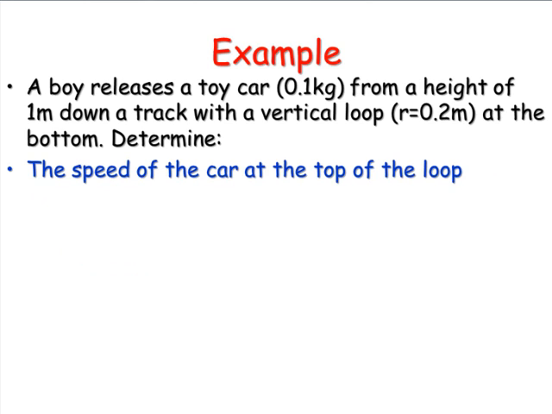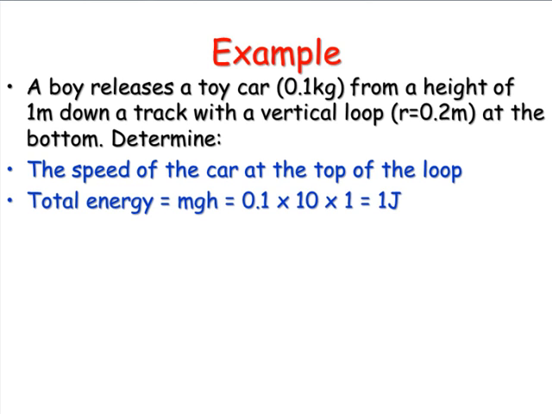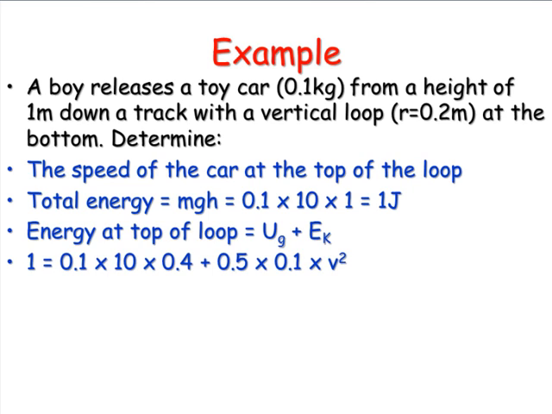Speed of the car at the top of the track. So again, we've got more energy transformations. The total energy it began with, let's start there, is mgh, so 0.1 times 10 times 1. It had 1 joule of energy to start with. The energy at the top of the loop will be a combination of gravitational potential energy and kinetic energy. So we've got initially 1 joule.